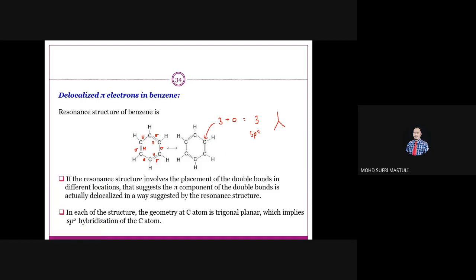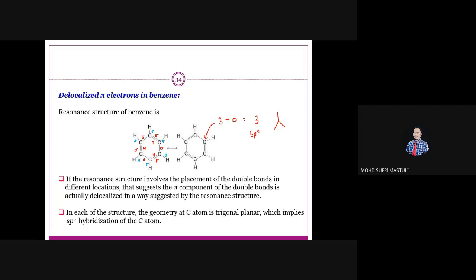And the carbon-hydrogen bonds, because they are single bonds, are sigma, sigma, sigma, sigma, sigma, sigma. If you count, you find out it has 6 carbon-hydrogen sigma bonds, 1, 2, 3, 4, 5, 6.